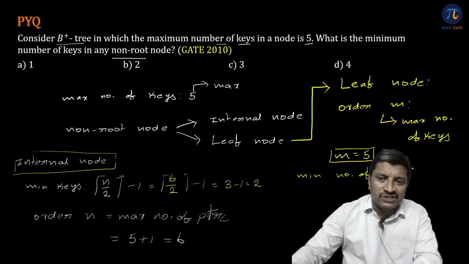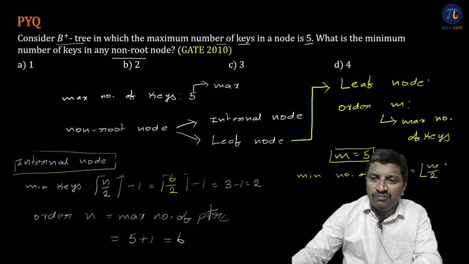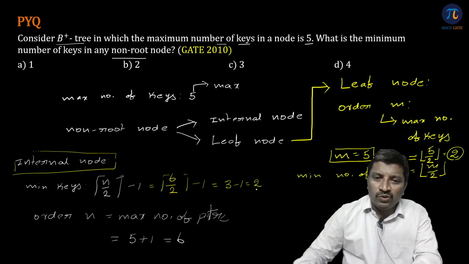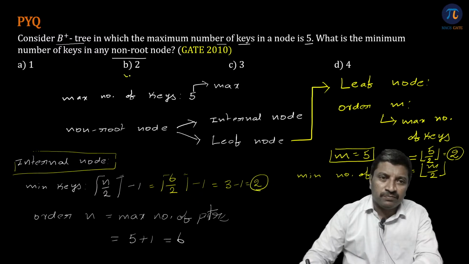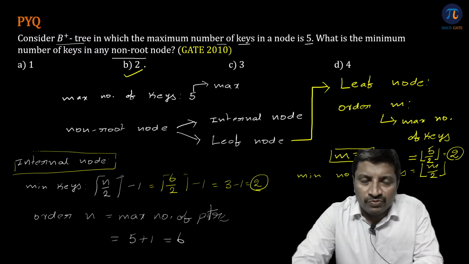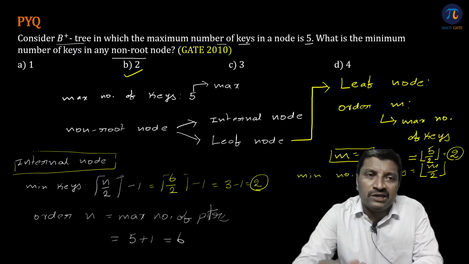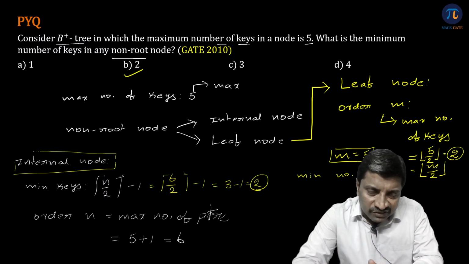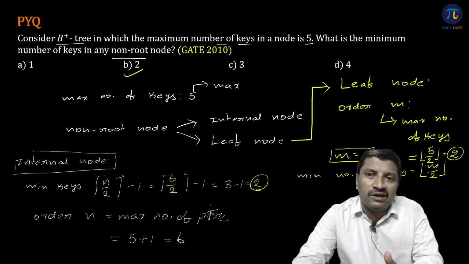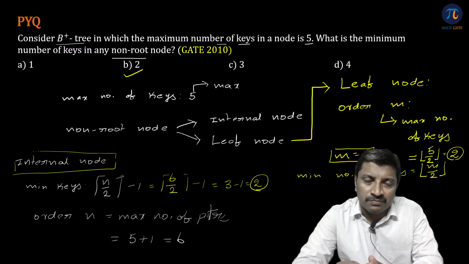Minimum number of keys is m by 2 floor value, and that value is 5 by 2 floor, which is equal to 2. So in any case, we got 2. So the answer is 2. If they give clearly it is not a leaf node and it is an internal node, then you can apply only the first technique. Here, since they not given, we verified both.